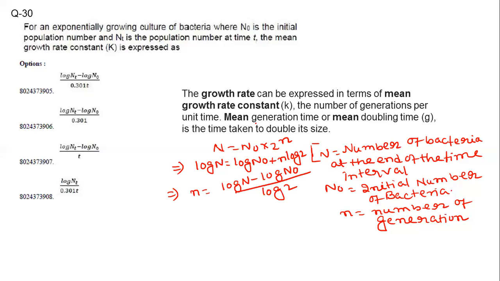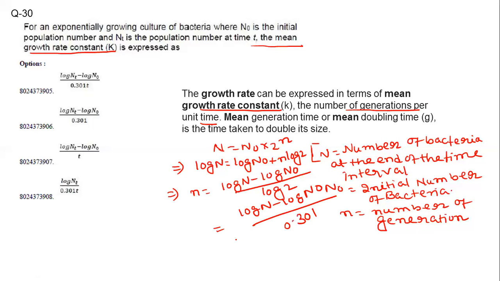Now you have to calculate the mean growth rate constant. The growth rate constant k is the number of generations per unit time, so k equals n by t. Here n is log N minus log N0 by log 2, and log 2 value is 0.301.